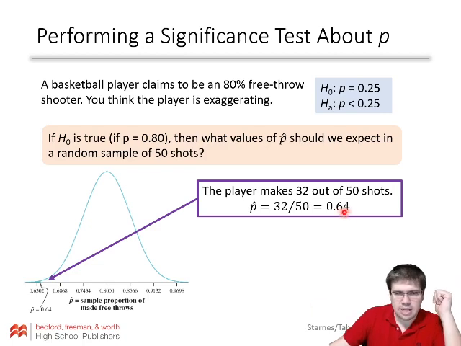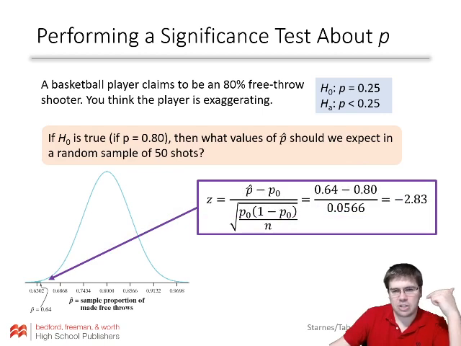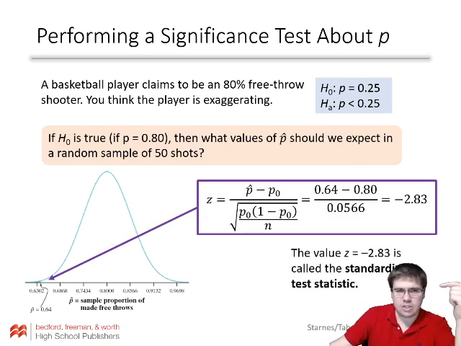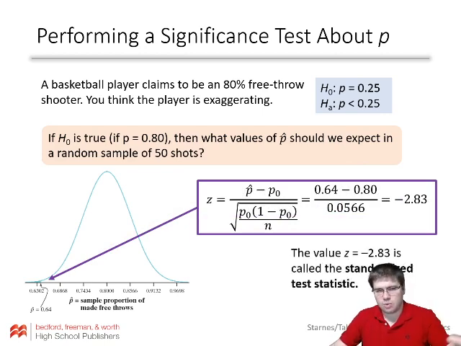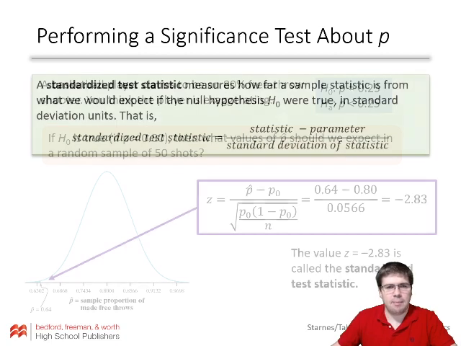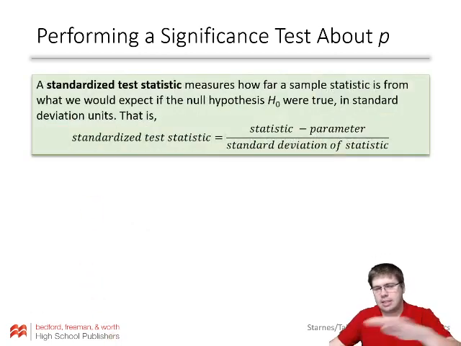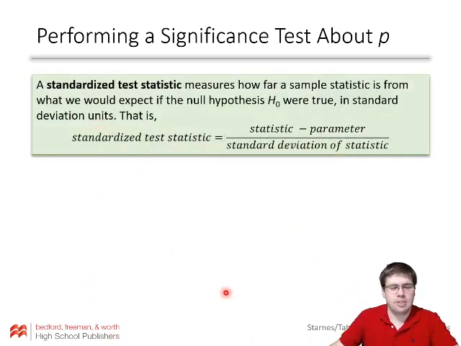So that's our test statistic. Our standardized test statistic actually turns it into a z-score, and that's what you're going to want to be able to identify, and then you can calculate the probability based on that. But this standardized test statistic is going to exist in all of our significance tests. So a standardized test statistic. That's a mouthful.